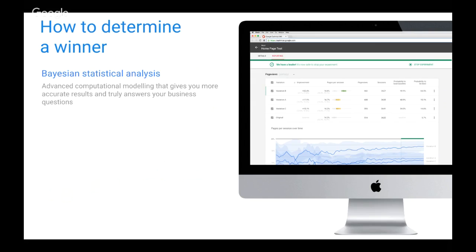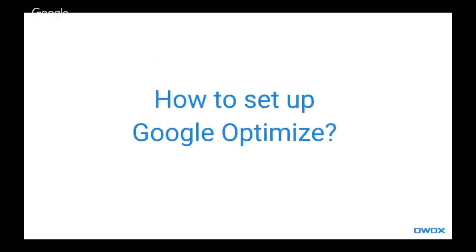And using the reports, you can determine the winner even faster. Or if you see that one of the variants performs even better, you can change the share of sessions that goes to that particular variant.